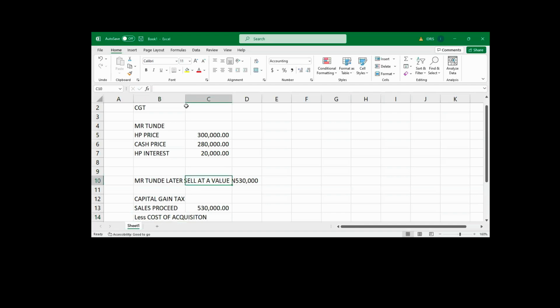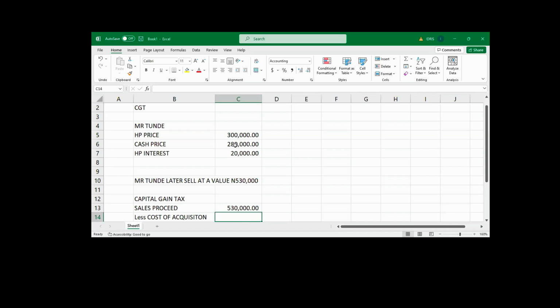So, ladies and gentlemen, what will be the cost of acquisition of the asset that Mr. Tunde bought? You know, Mr. Tunde bought the asset at a total sum of 300,000. But out of the 300,000, the interest element is 20,000.